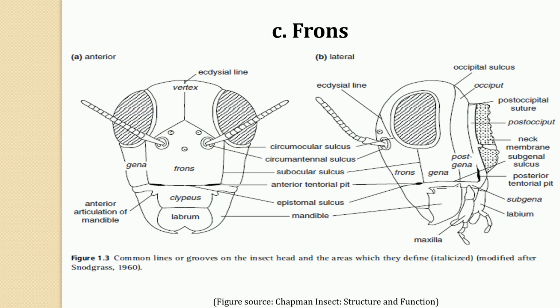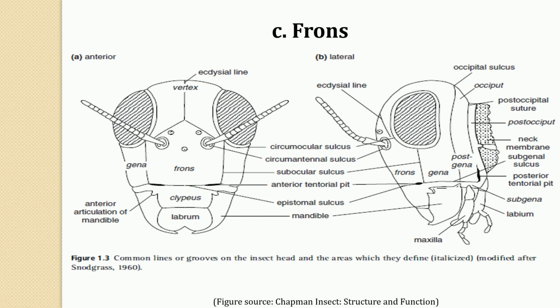However, when the clypeofrontal suture remains ill defined, indistinct or obscure, the anterior tentorial pit reveals the demarcation of the sclerite from the clypeal region. This means in some insects, for example in cockroaches, the clypeofrontal suture is indistinct.